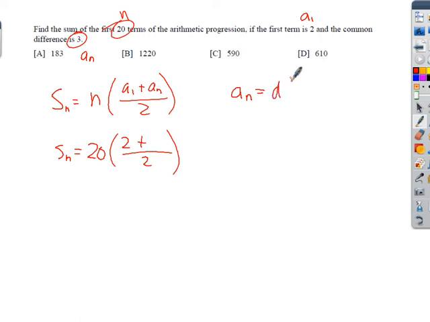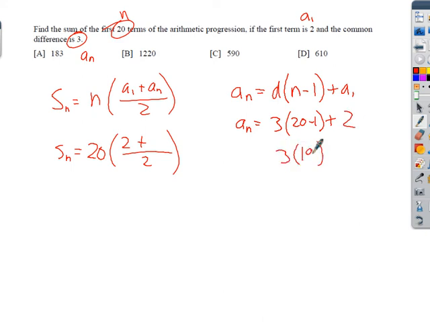Let me fill in what I know. I don't know that last term, but I do want to know it. So a sub n is equal to the common difference of 3 times 20 terms minus 1, plus the first term of 2. So it's 3 times 19 plus 2. 3 times 19, I believe, is 57, plus 2, so it's going to be 59. So the last term is 59.